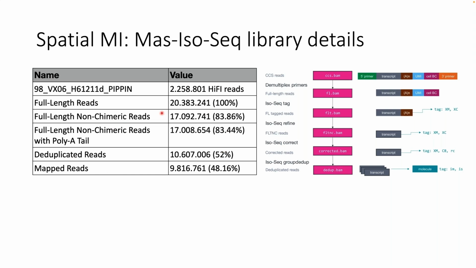Then, of course, the different quality criteria and processing steps were carried out, and in the end we have about 50% of the 20 million that could be mapped unambiguously to the genome reliably to reconstruct transcripts.